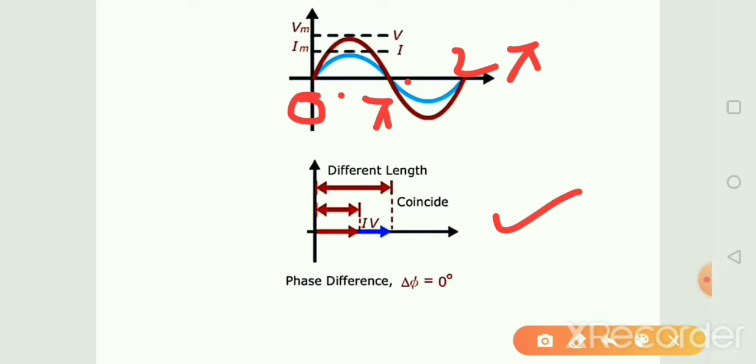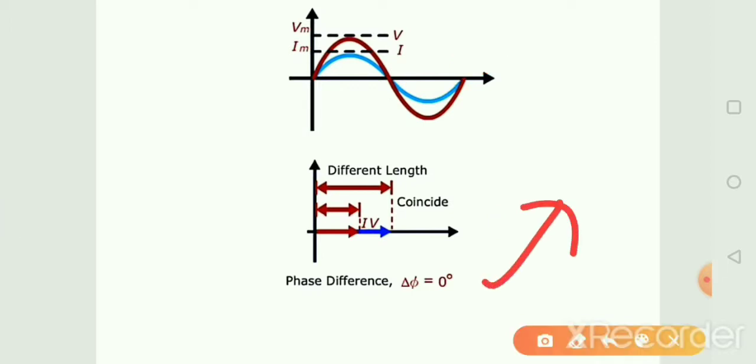So there is no phase difference, and we can say the phase difference between voltage and current is 0. In a purely resistive circuit, the current and applied voltage are in the same phase with each other.